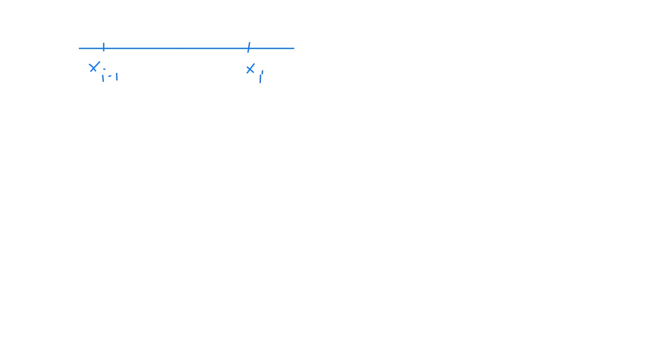You pick some xi star in the interval. The interval has width delta x, and you're trying to see the work needed to move whatever you're moving across this distance. I put it in red.